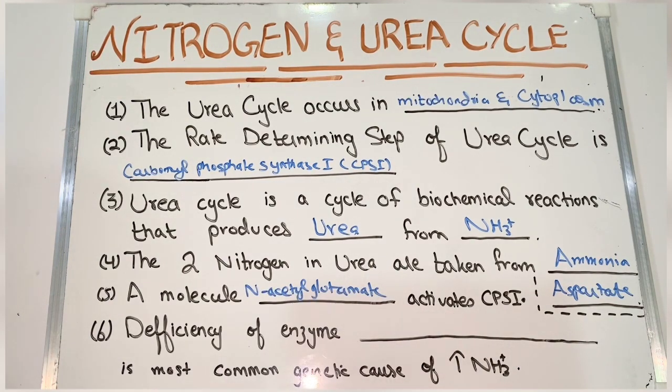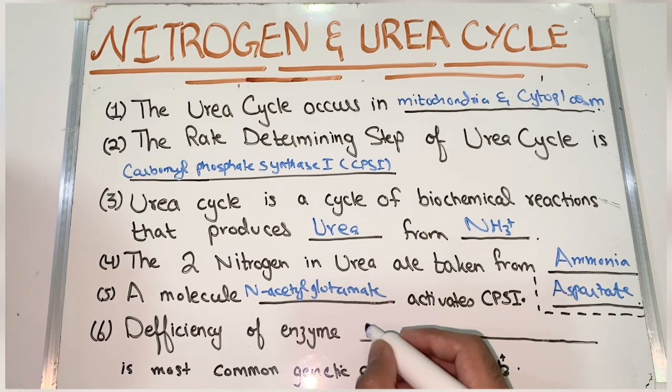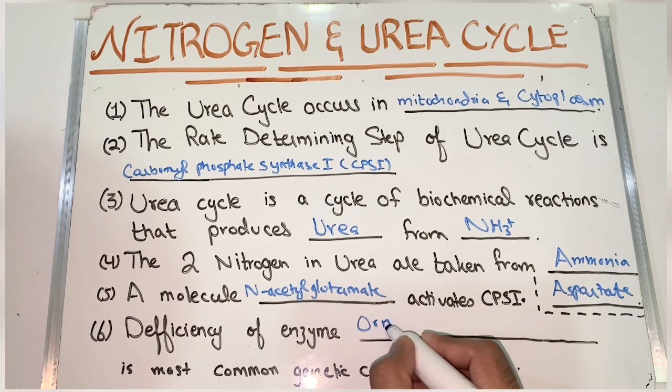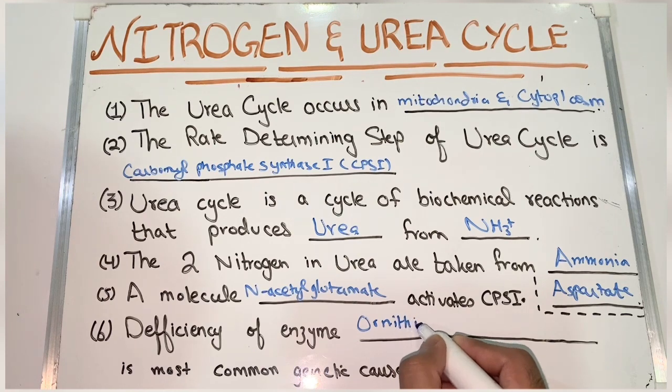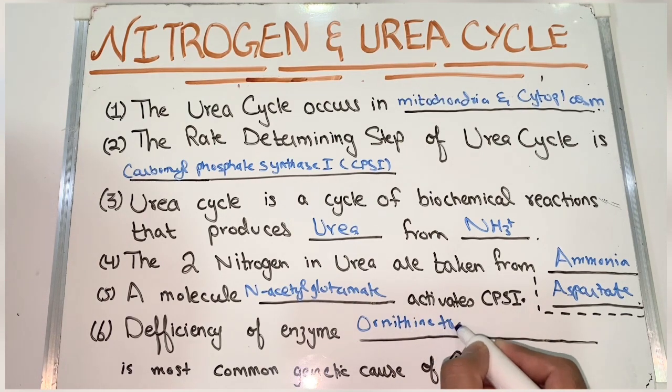The last one is deficiency of which enzyme is the most common cause of higher ammonia in the body. So as we know that ornithine is converted into citrulline with the help of ammonia.